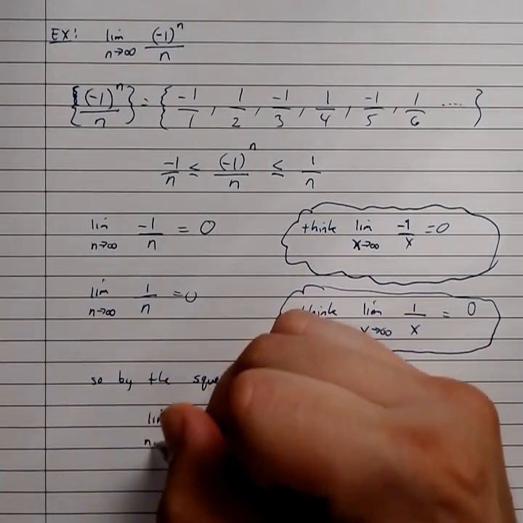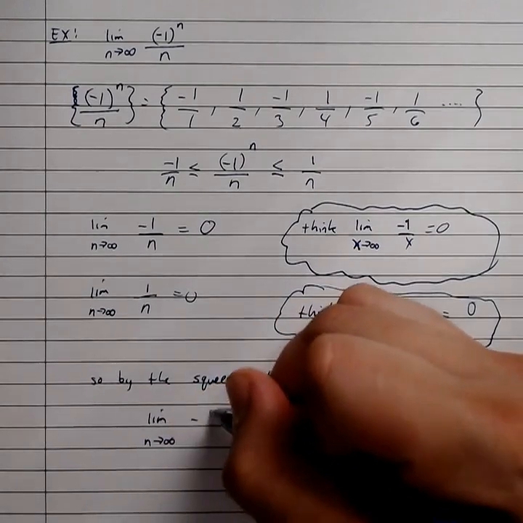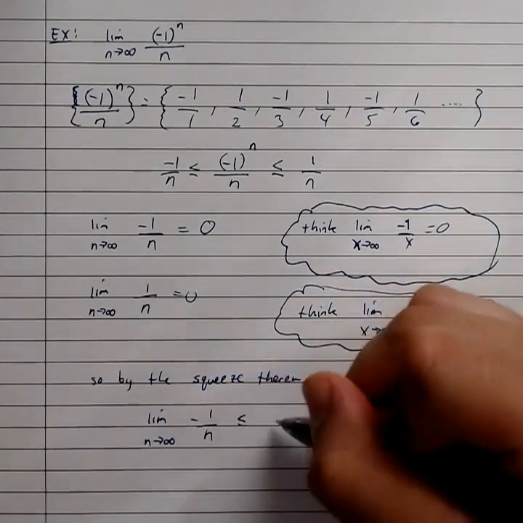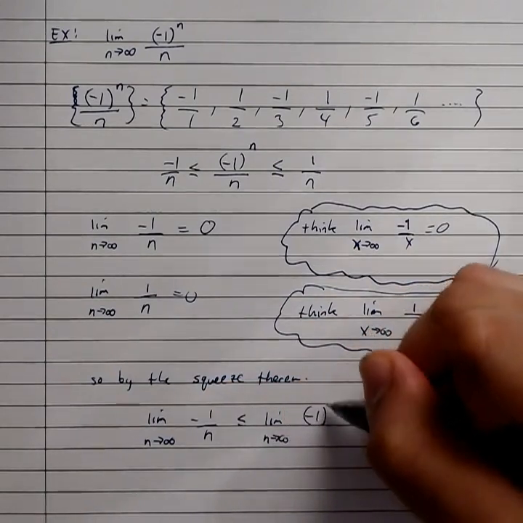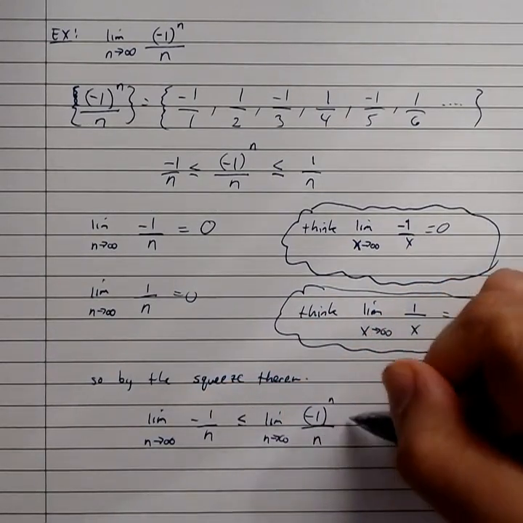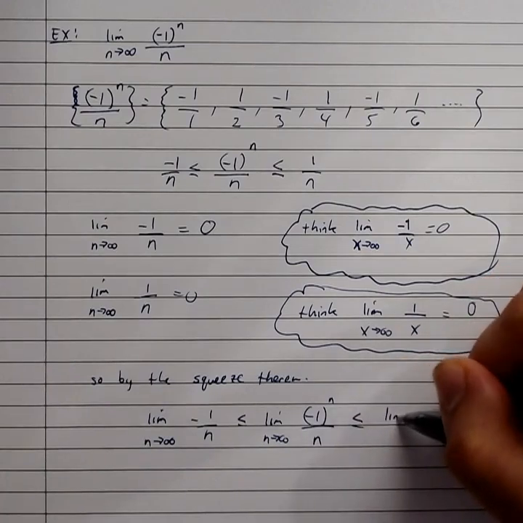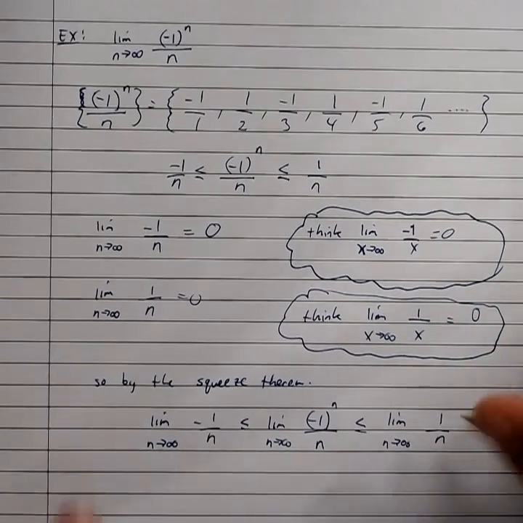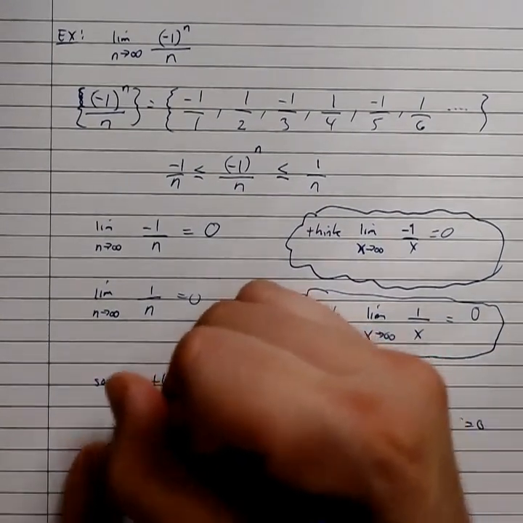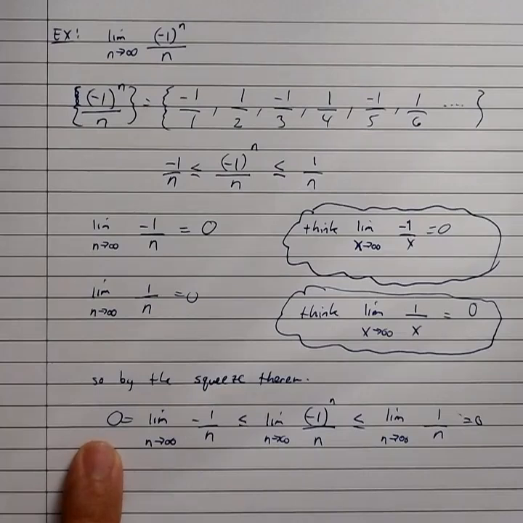The limit as n approaches infinity of -1 over n is less than or equal to the limit as n approaches infinity of (-1)^n over n, which is less than or equal to the limit as n approaches infinity of 1 over n. And since both of these on the ends are 0, that means that the limit that we want must be 0.